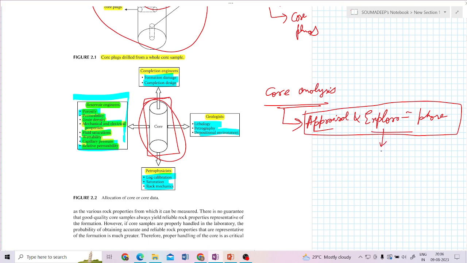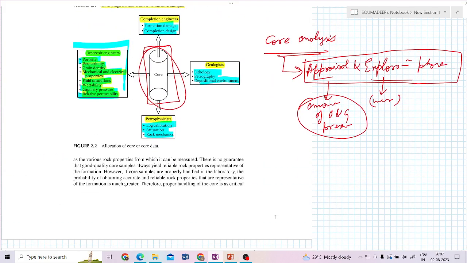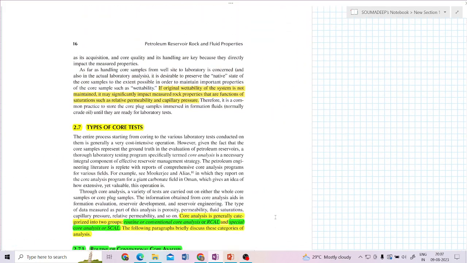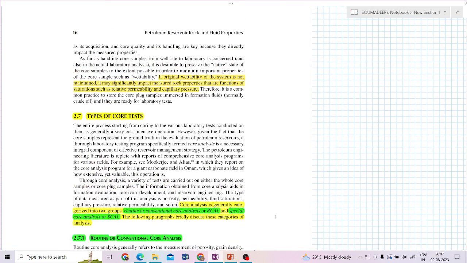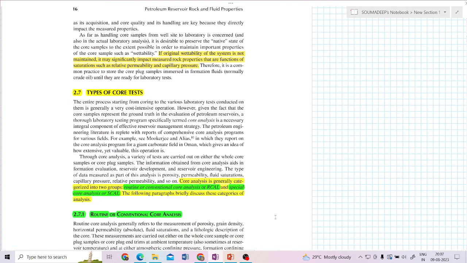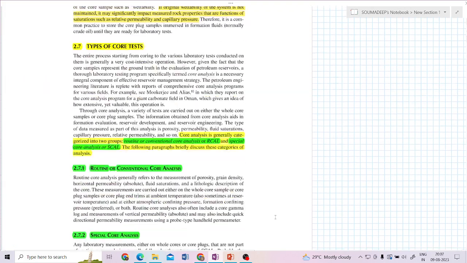Exploration means the first stage of finding oil and gas, and this is very uncertain. In appraisal, we determine the amount of oil and gas present, that is, the volume of the reservoir, and by drilling more appraisal wells and taking core analysis, we also determine other things.